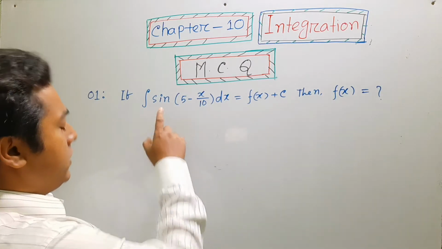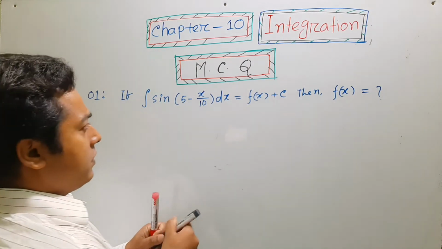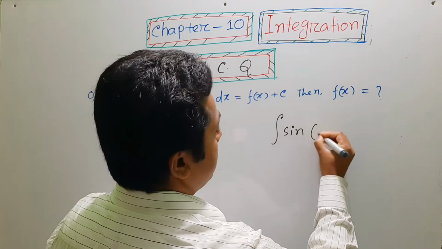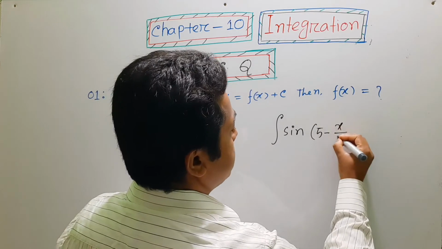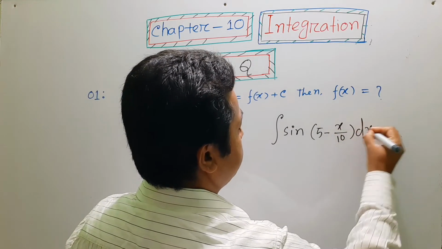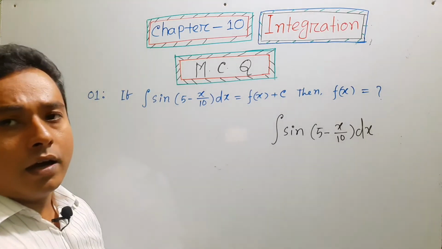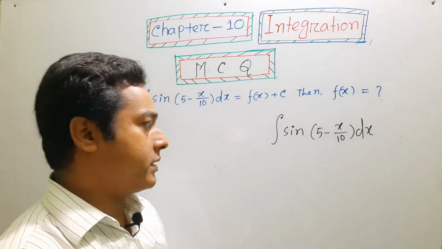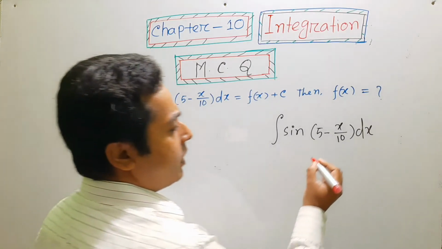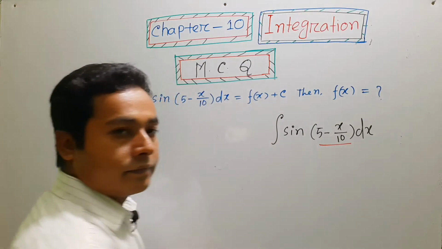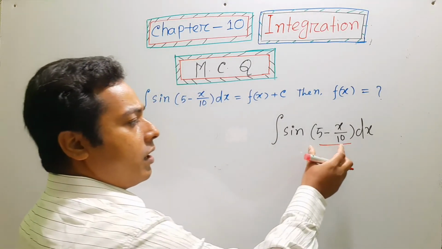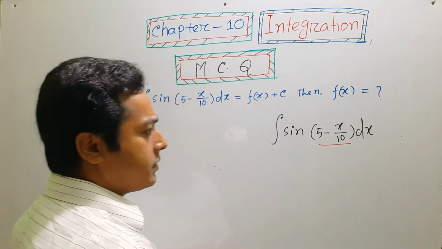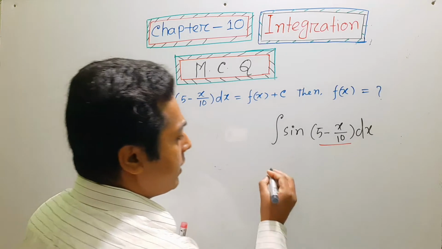Now integration of sin of (5 minus x by 10) dx. Dear students, our formula is integration of sin x dx is equal to minus cos x, and comparing with this formula, here this is x. Just consider this term as x, so integration of sin x is equal to minus cos x.